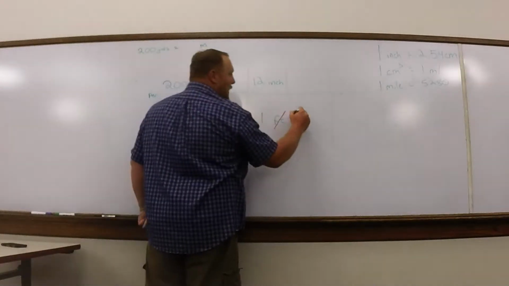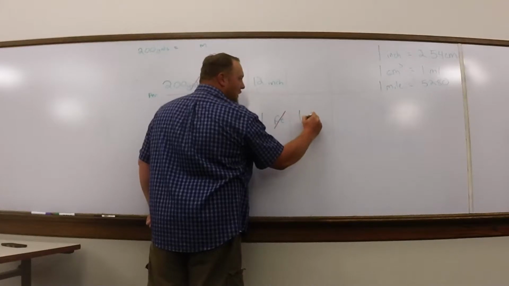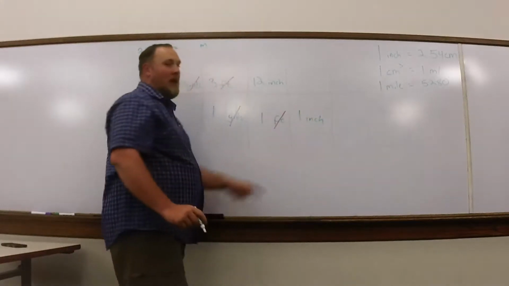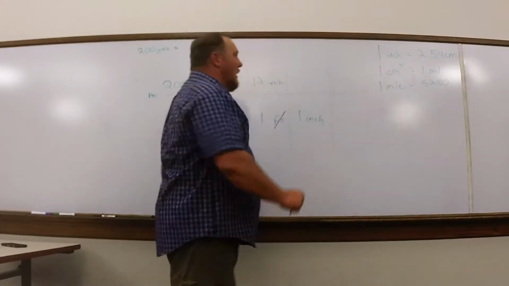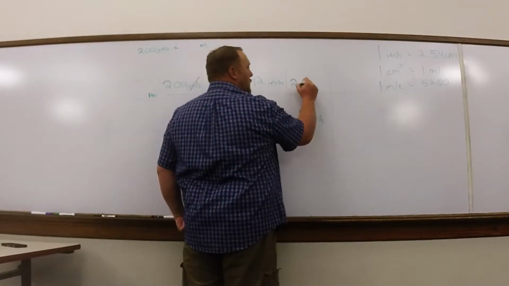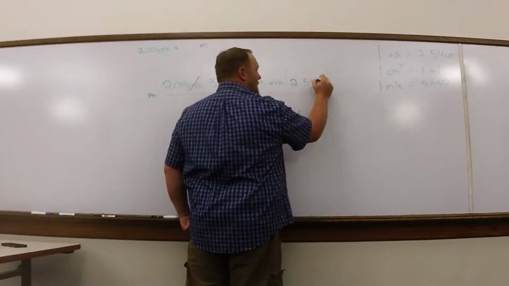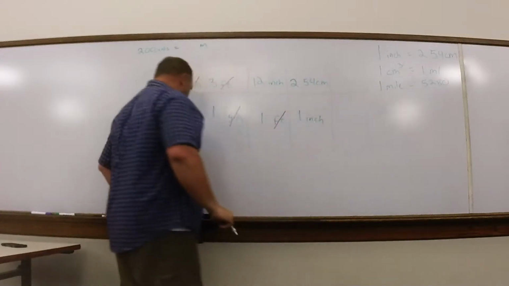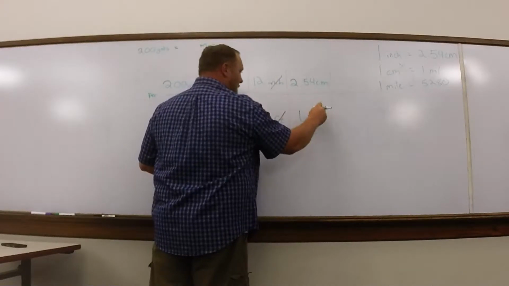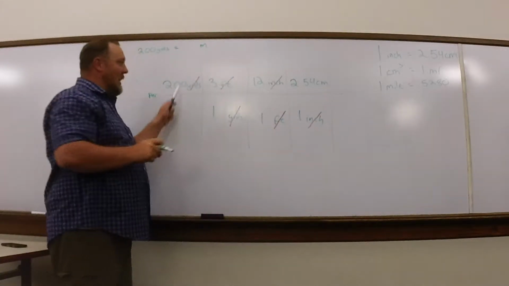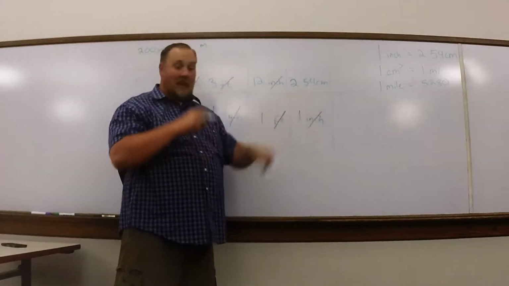I know that for every 1 inch, we had our conversion that we needed to know. There are 2.54 centimeters. We can now cancel out our inches. And we can see the only unit of measurement left is centimeters.